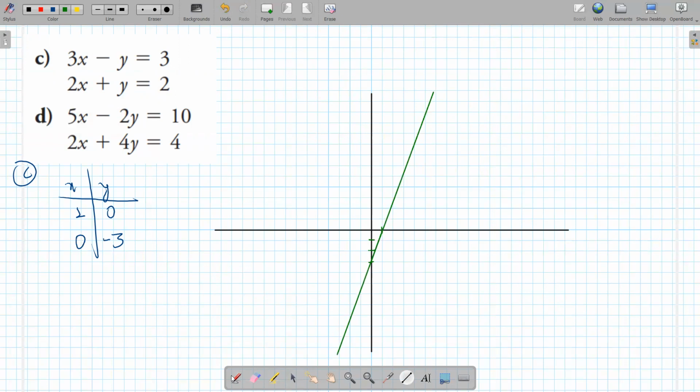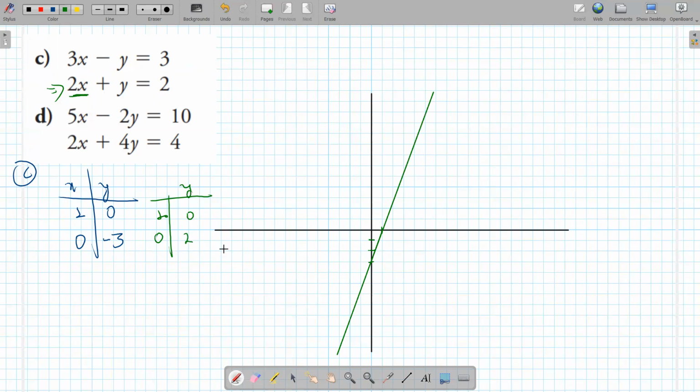That's the first equation. For the next equation, we're going to do the same thing. Again, it's very simple. Look at this. If y is 0, x will be 1. And if x is 0, what's y? It's 2.